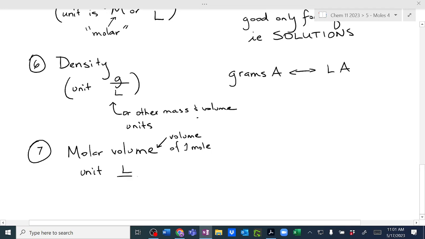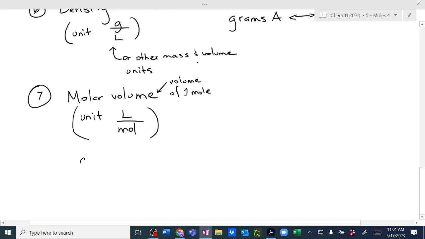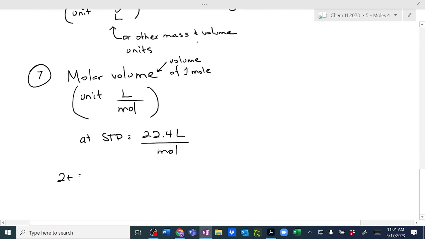It is liters per mole, just like molar mass is grams per mole. And what is the number? At STP, molar volume is 22.4 liters per mole. And remember, you can remember this because it's as easy as 2 plus 2 equals 4. 22.4. 2 plus 2 equals 4. And the 1 goes with the mole.